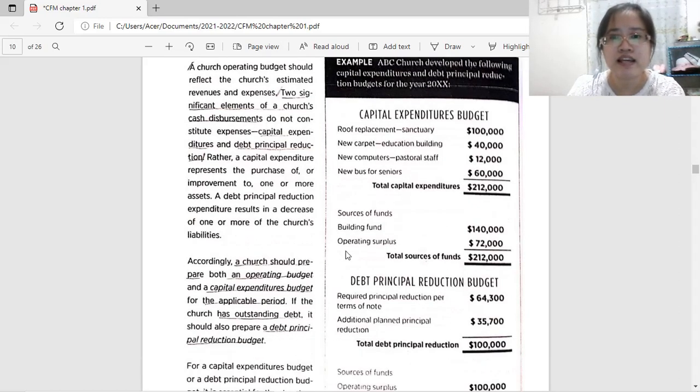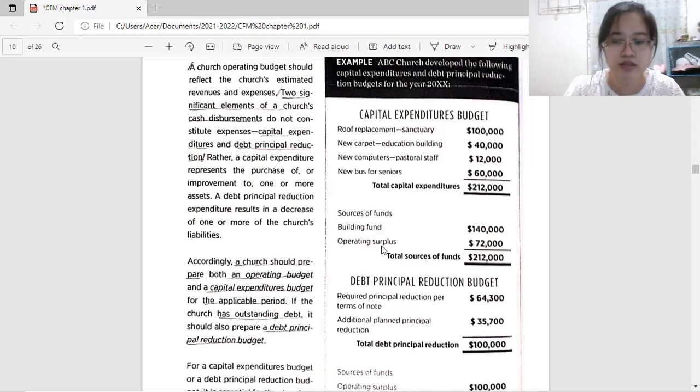And then what we call operating surplus: in the contributions from the members or from the guests, you do have tithes and offerings. Normally, tithes and offerings are the ones that go into the general fund or the operating fund.